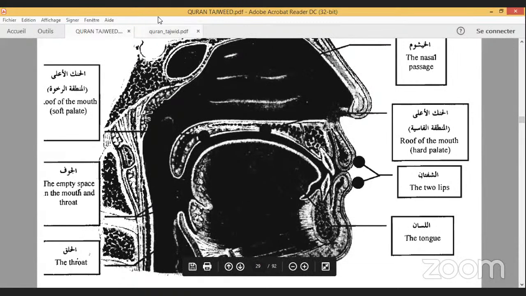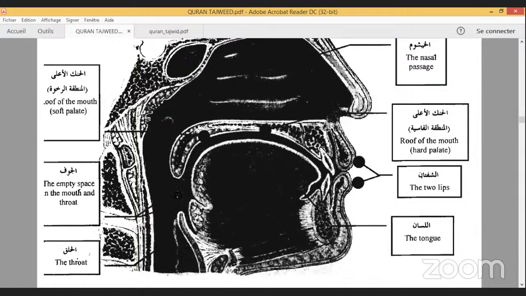Please pay attention to this circle, the circle that I use. You see it, brother and sister? So the empty space in the mouth and the throat, which is this place. The mouth and throat, this is empty, which is black.